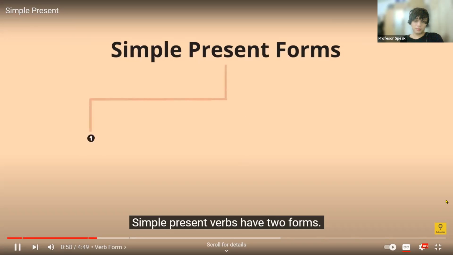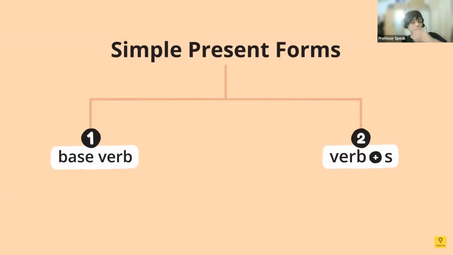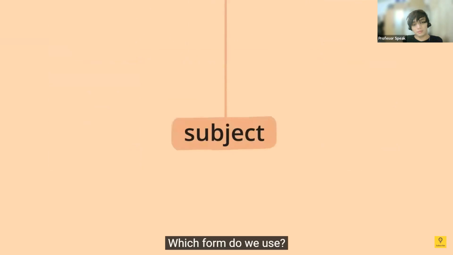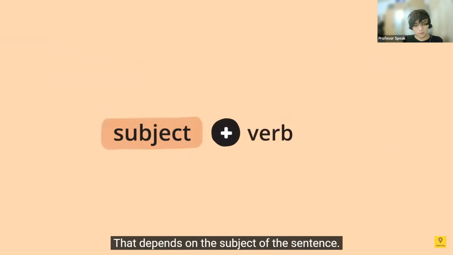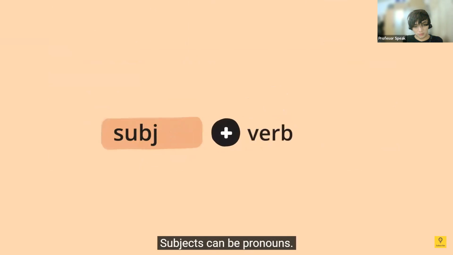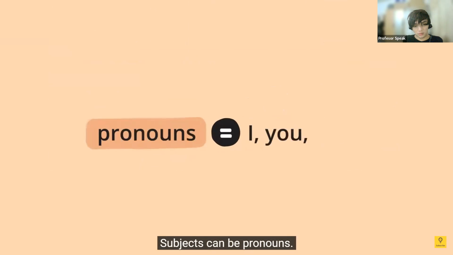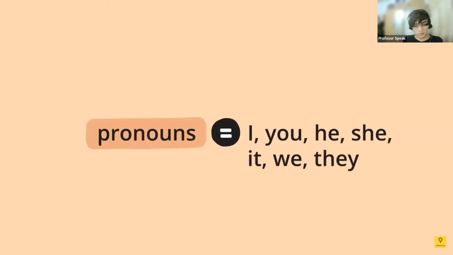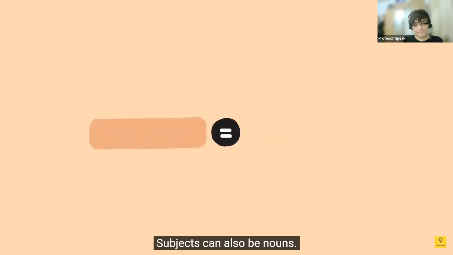Verbs have two forms. Which form do we use? That depends on the subject of the sentence. Subjects can be pronouns. Subjects can also be nouns.